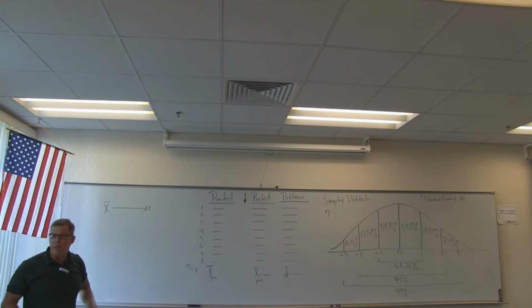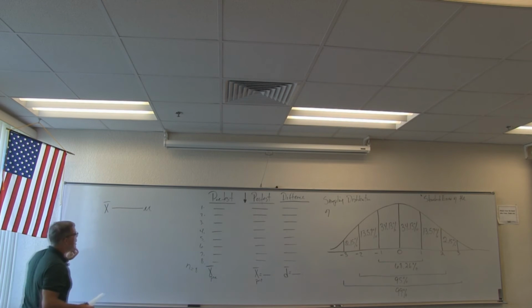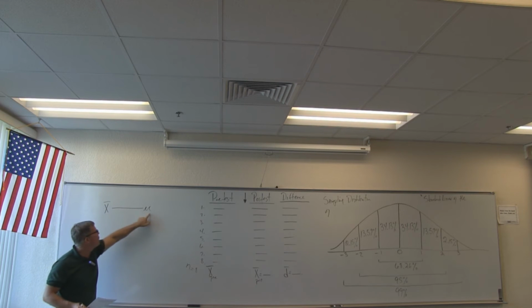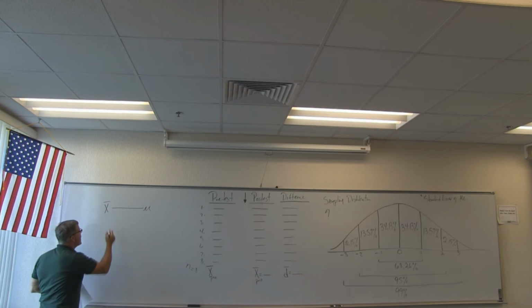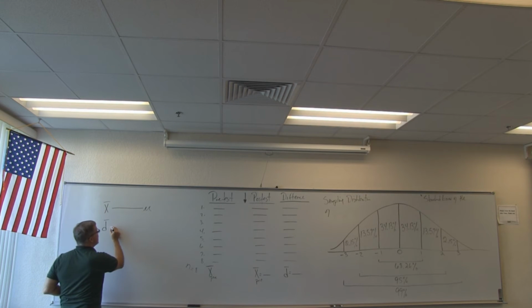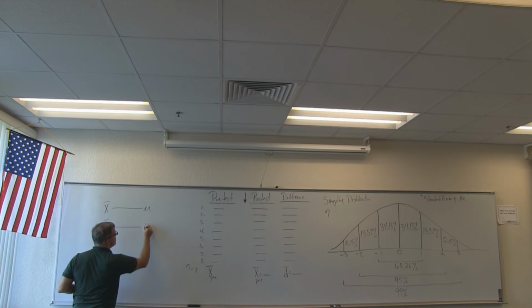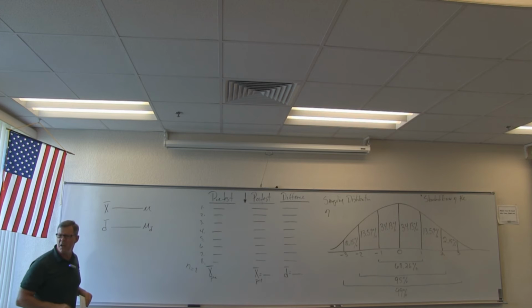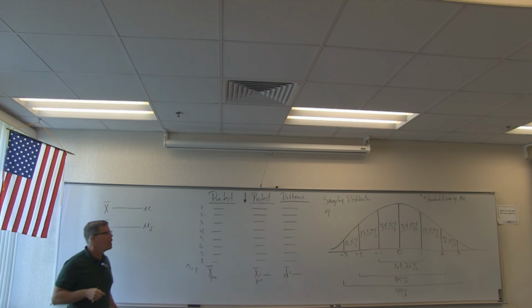Now things change a little bit, but they stay the same, just in a different form. Now instead of equating x bar to mu, we're going to be equating d bar. We're going to be working with this mean difference, and we're going to be equating it to mu sub d bar. Oh, we got some new stuff here. Let's talk about this.